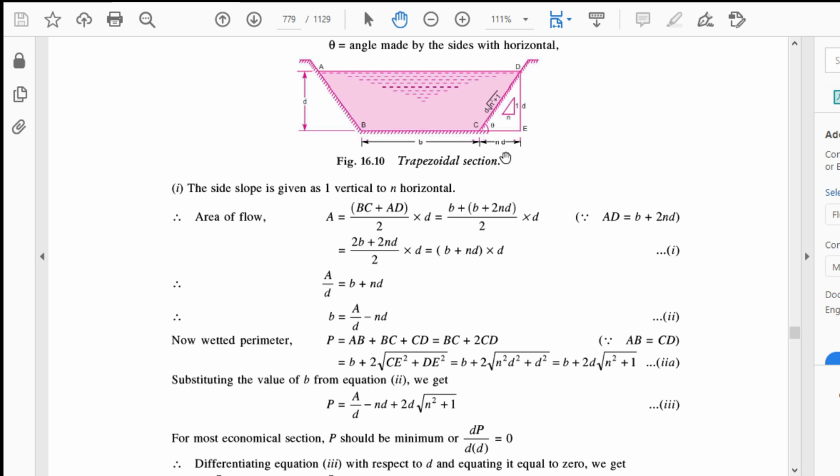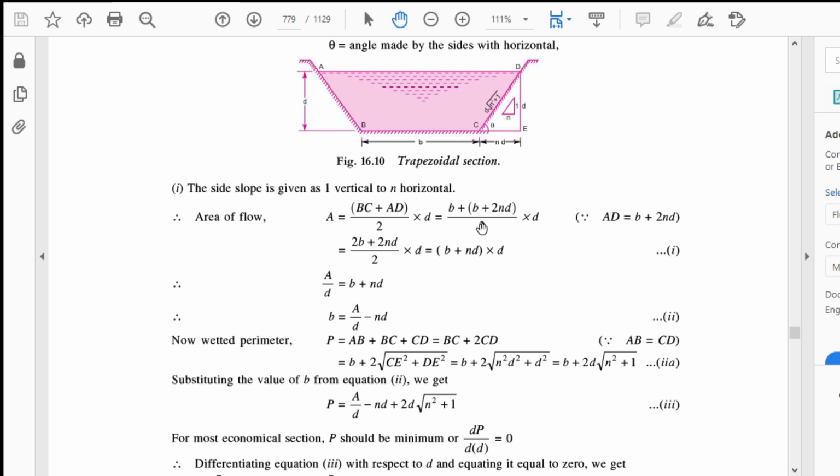So B plus 2ND will be your top width. This I have already explained in the previous video. B plus 2ND is your top width and bottom width is B.